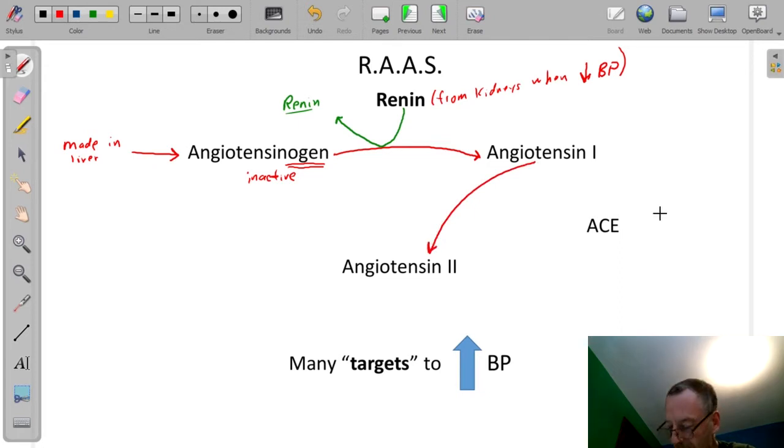And it gets converted by this enzyme, ACE, which again is an enzyme, so it's unchanged. And ACE stands for angiotensin converting enzyme.